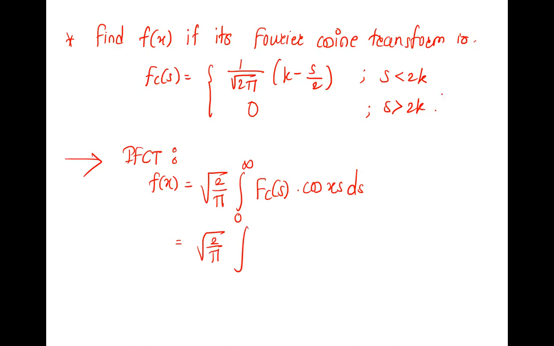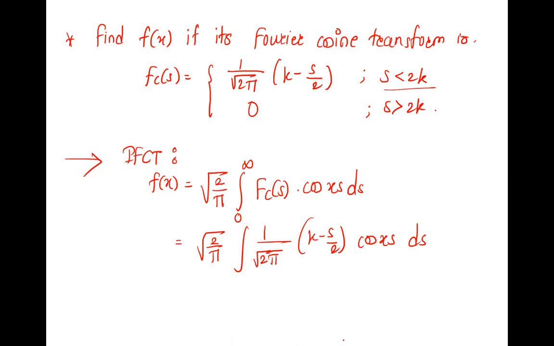FCS is otherwise 0. This is the value of FCS. I'll write 1 upon root 2 into root pi, or root 2 pi together, k minus s by 2 cos sx ds. But this value is on this interval.